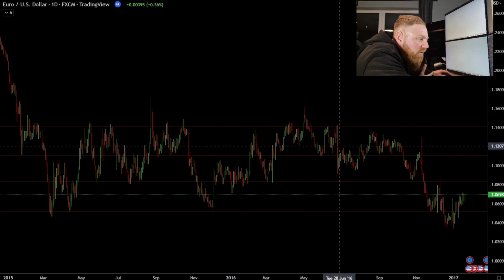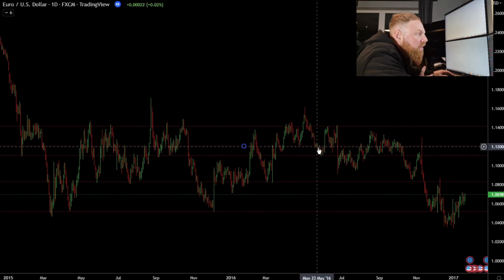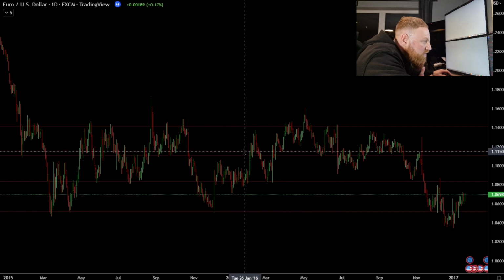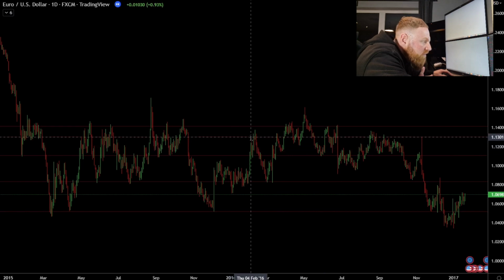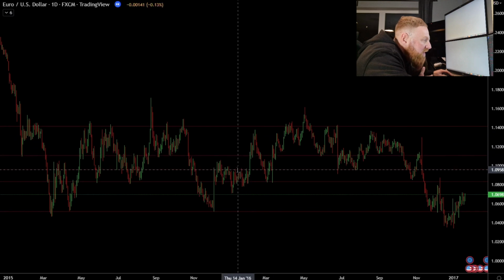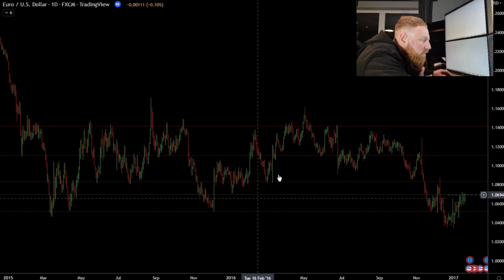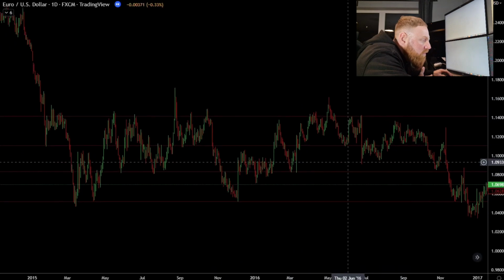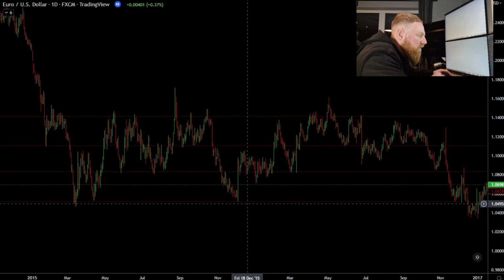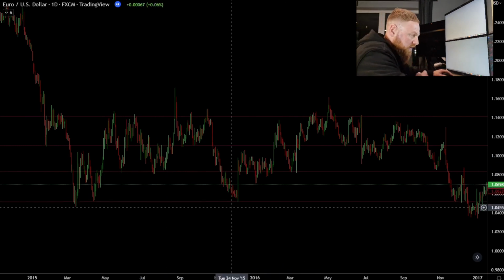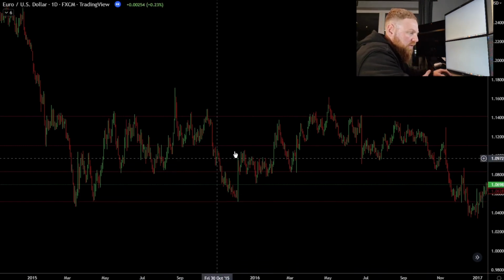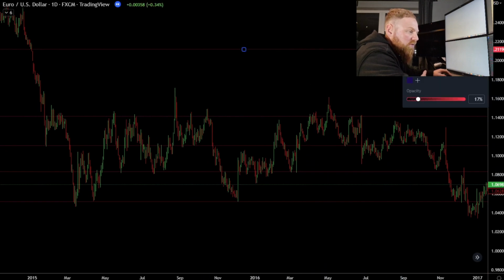I'd say we've probably got another one there. Maybe. Not significant enough. No, I'm going to leave it at that. So these are all significant. There's a lot of price reversals at these points.